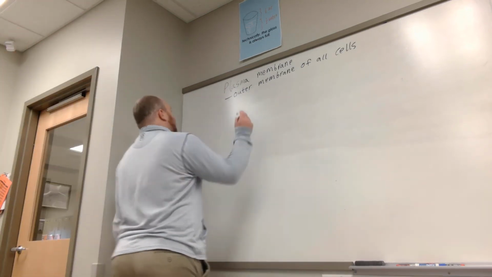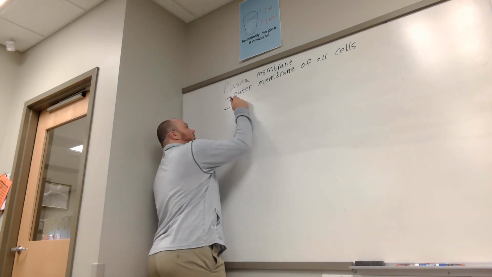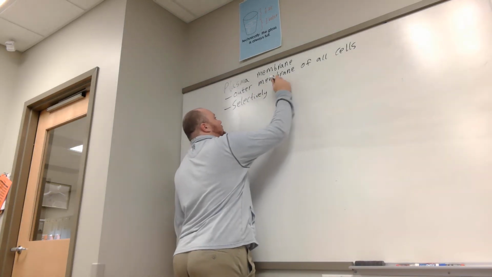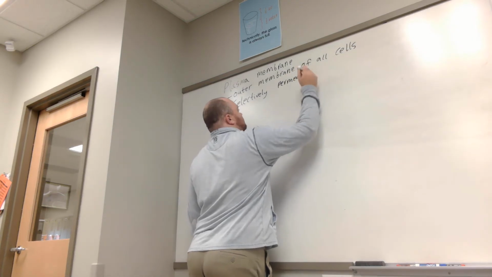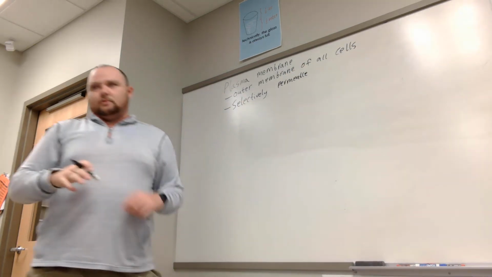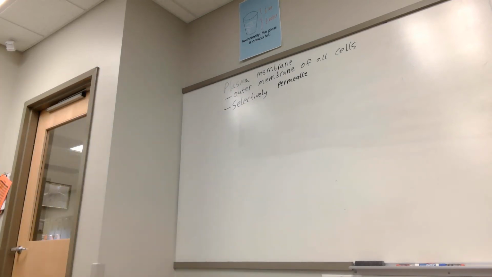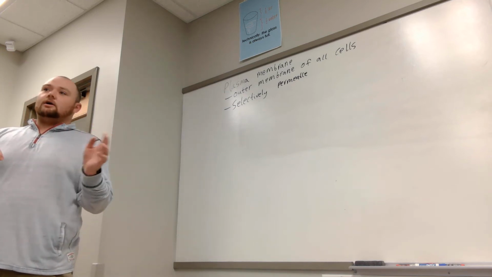The function, first of all, again, some of this we're already rehashing, but it is selectively permeable. Can anybody tell me what selective permeability means? Basically, it just means that it lets some things in, but not all things.